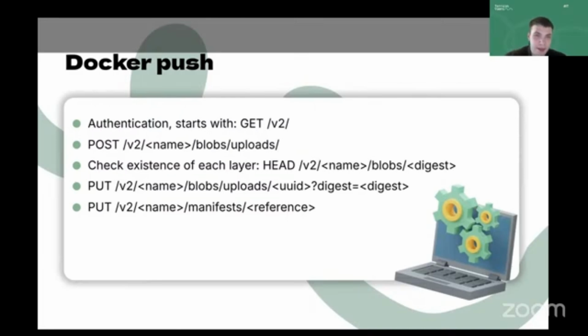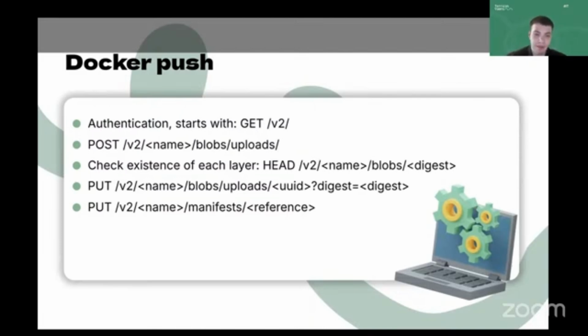We must say that Docker optimizes the upload process by checking the existence of each layer by calling head /v2 and so on methods that can answer whether a specific blob exists in the registry or not.